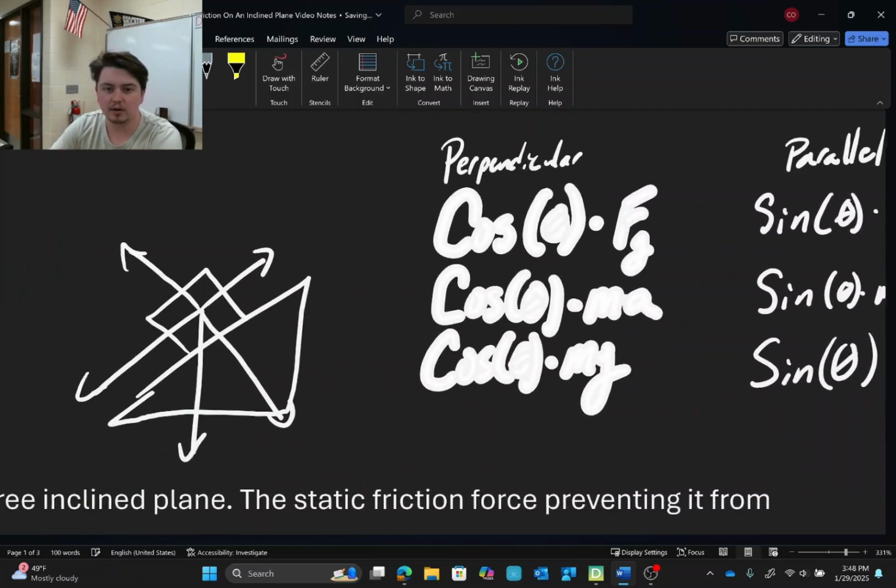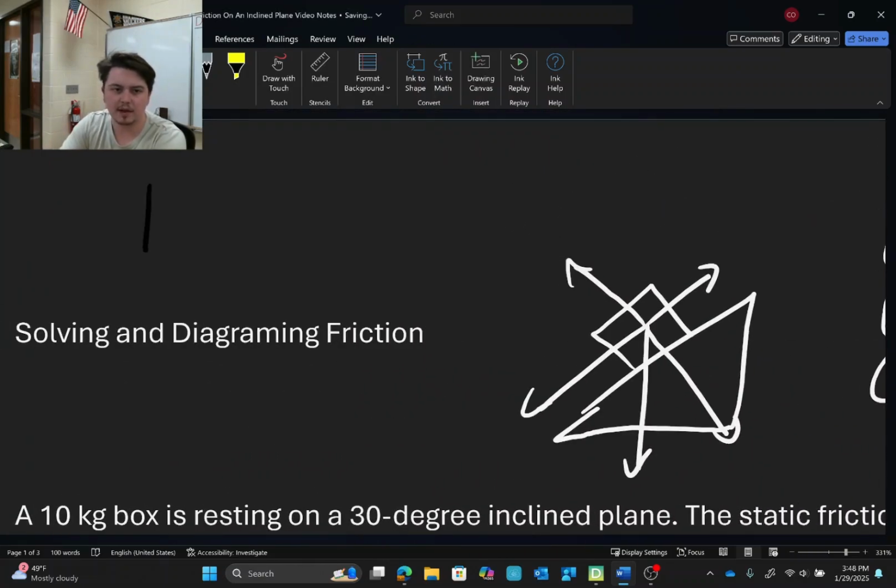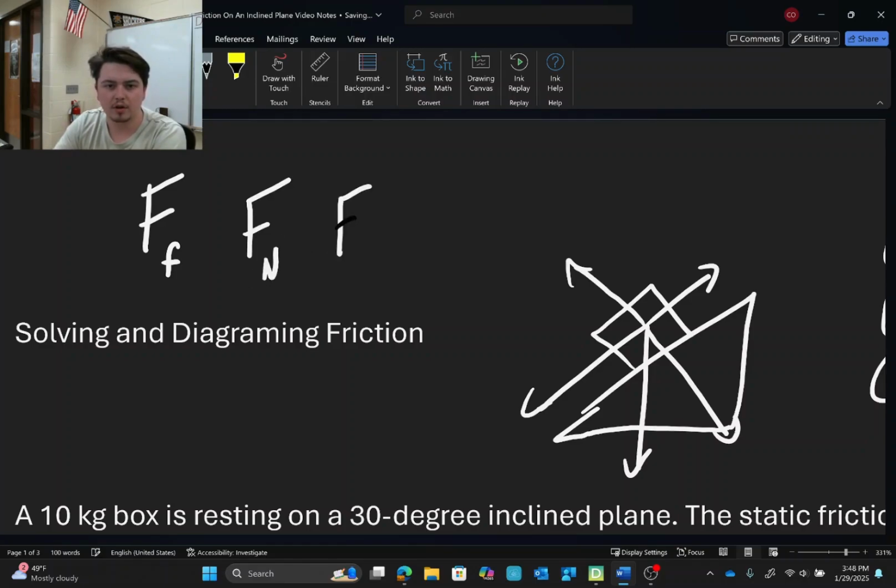Reminder that when we are looking at our units and stuff, if we see something that is just a capital F, that is going to be a force. And then the subscript is going to tell us what it is. So capital F is force, lowercase f is friction. So that's the force of friction. Capital F and an N is going to be our normal force. We got the force of gravity.